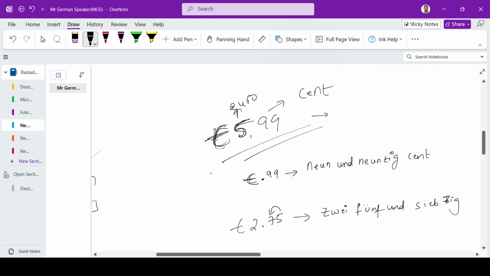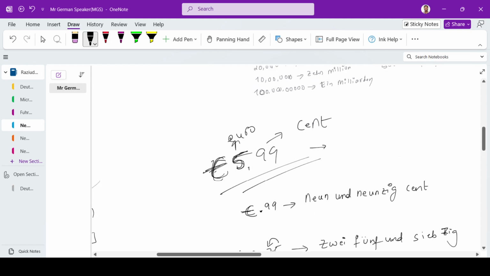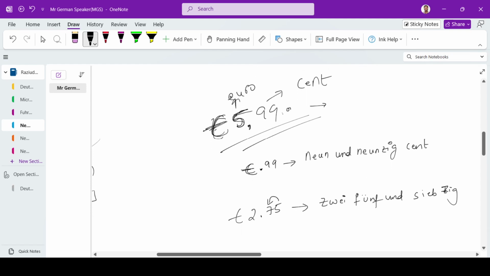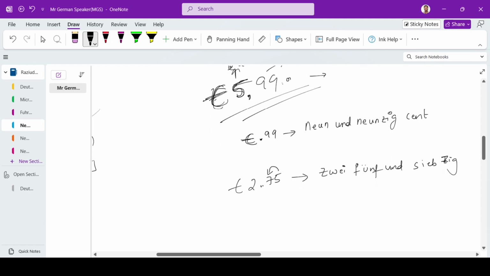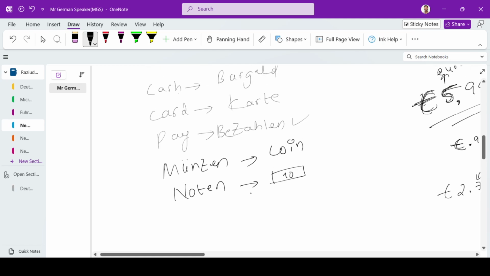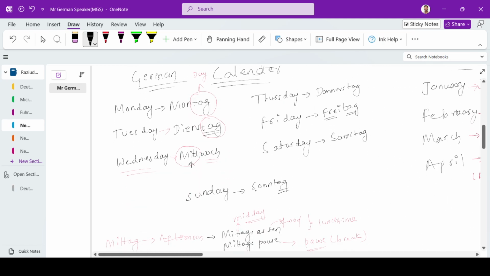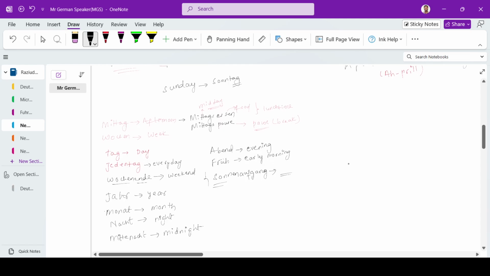How do you write the currency? I will do it in the next class, but it will be good if you already have some prior knowledge of this, when to use a comma and when to use a dot, and what this euro symbol is and how you pronounce them, and then the calendar days, month, year, etc.